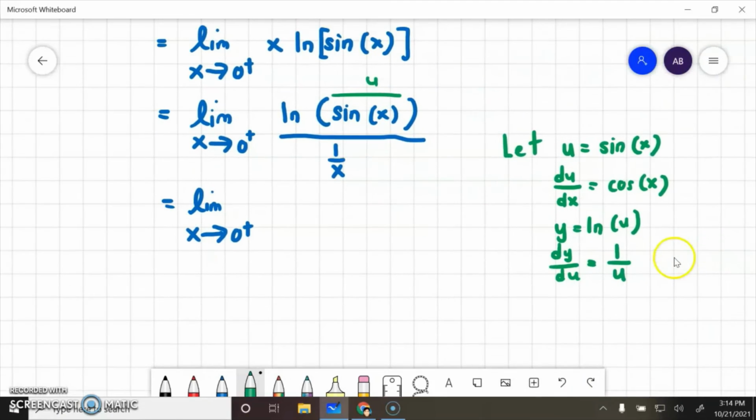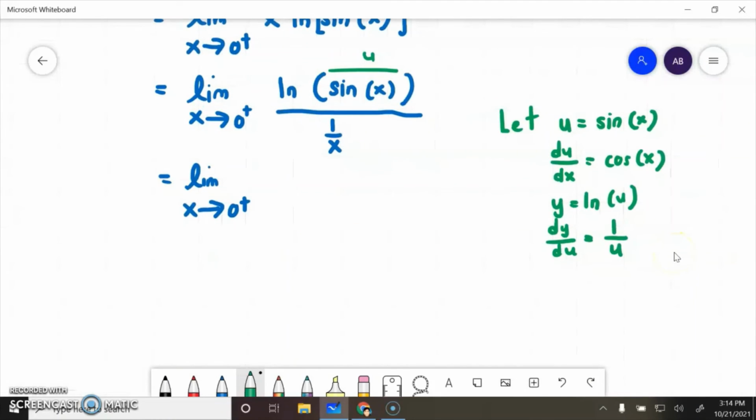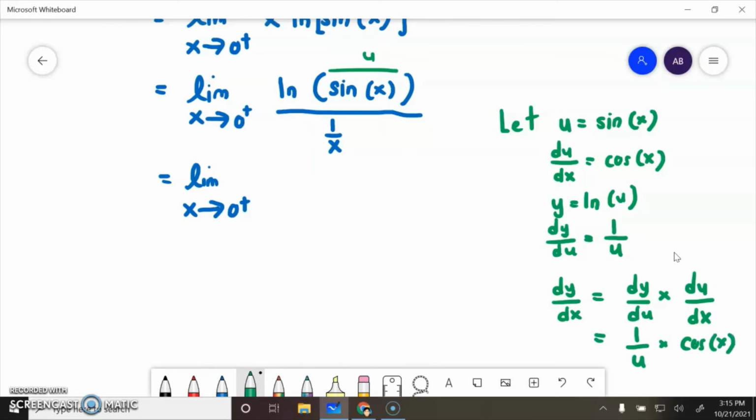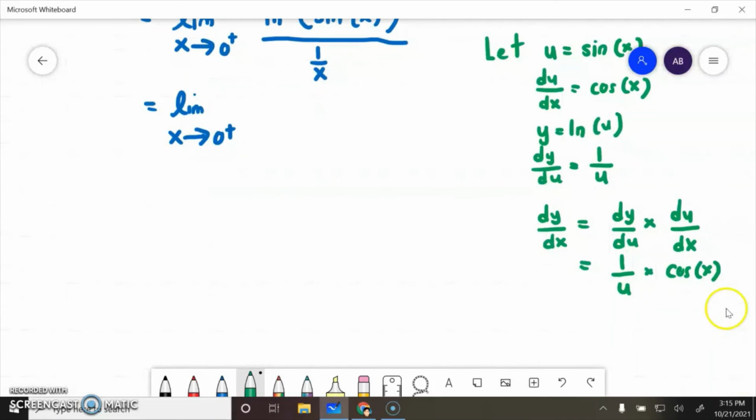Now using the chain rule, I want to find dy/dx, which is dy/du multiplied with du/dx. dy/du is 1 over u, multiplied with du/dx, cos x. And you know that my u is sine x, so I have cos x over sine x.